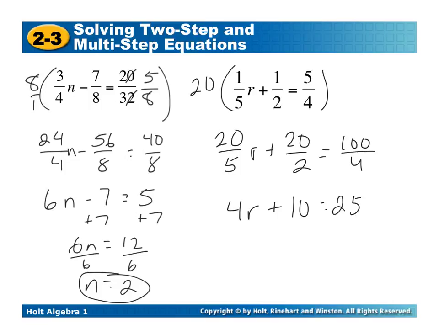I'm going to subtract 10 from both sides, so now I have 4r is equal to 15. Divide both sides by 4, and r equals, 4 goes into 15 3 times with 3 left over, so 3 3/4.